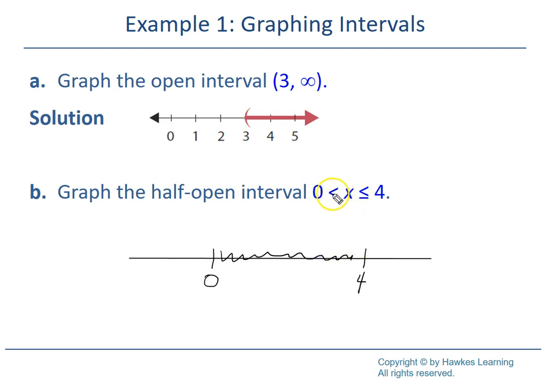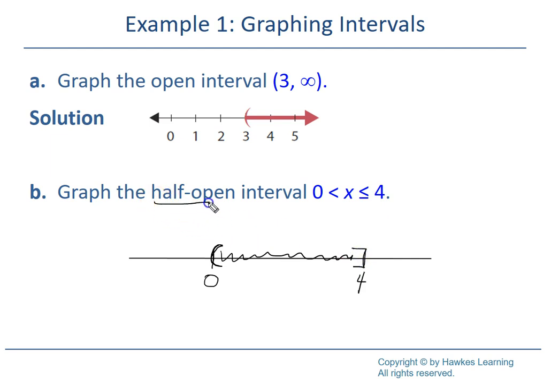But what symbol do we put at the 0? A parenthesis or a bracket? Well, in this case, it's just a parenthesis. And for the 4, because it's less than or equal, it includes the 4, so we put a bracket.